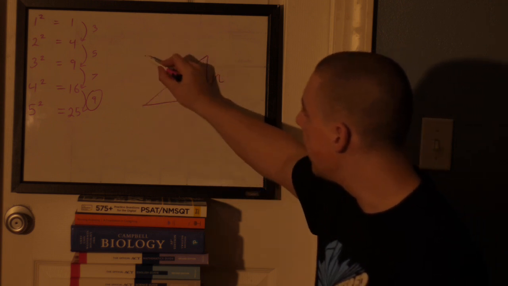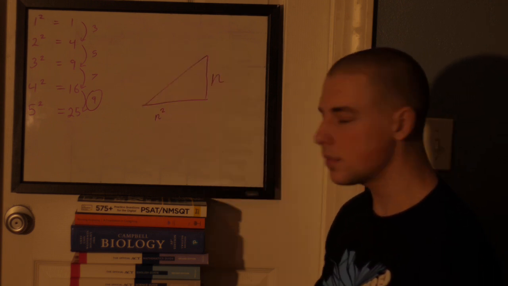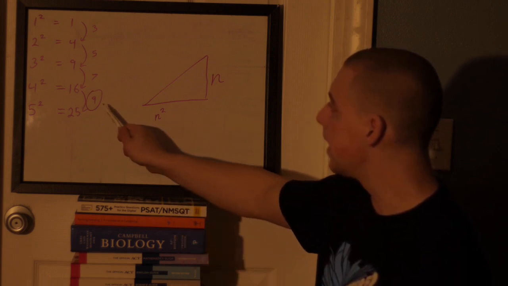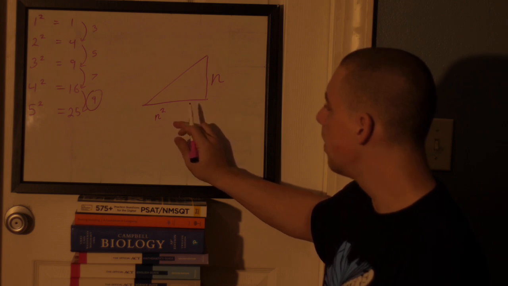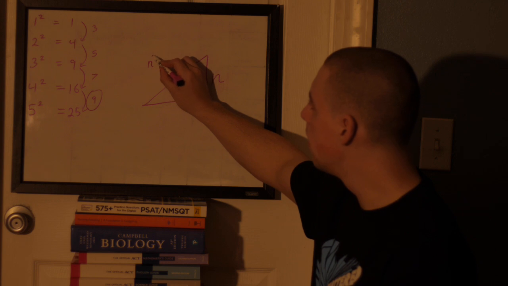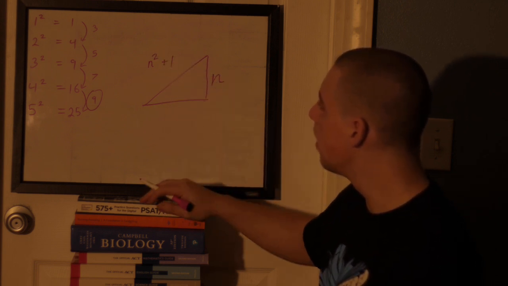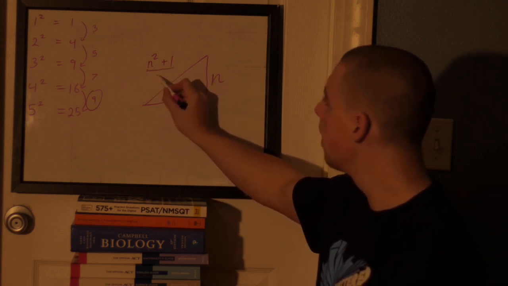So we can write n squared. Then I was taking this number and adding 1. We'll do it up here. N squared, and I was adding 1. And then I was dividing by 2.